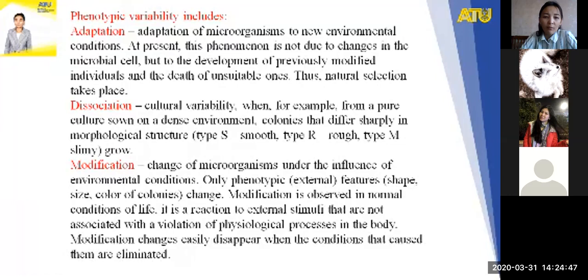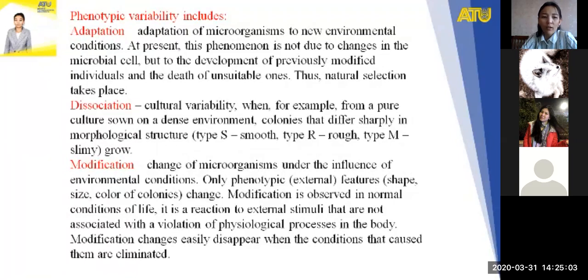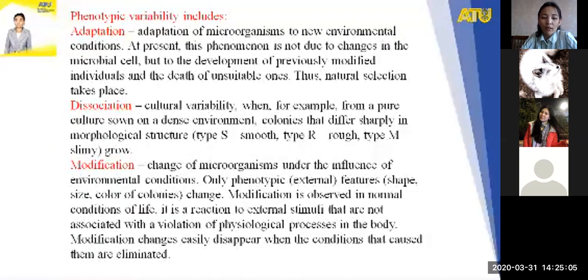The phenotype variability includes adaptation, dissociation, and modification. Adaptation is the adaptation of microorganisms to new environmental conditions. At present, this phenomenon is not due to a change in the microbial cells, but to the development of previously modified individuals and the death of unsuitable ones.